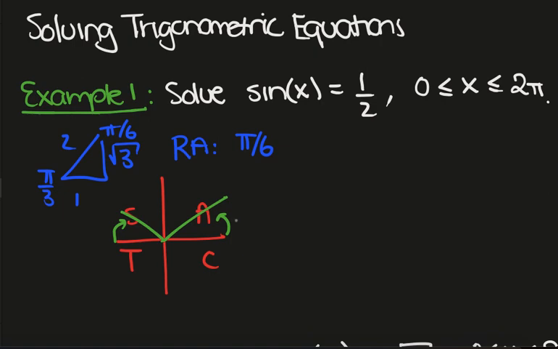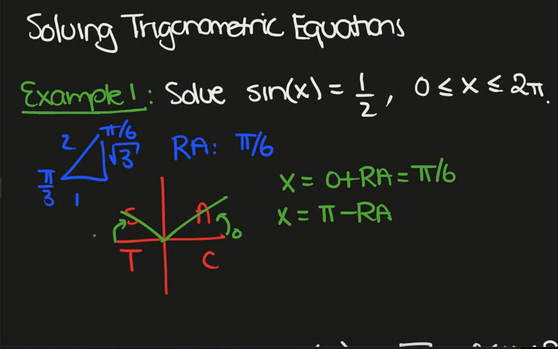It means that if I'm in the first quadrant, I'm going to have x is 0 plus the reference angle. Remember, plus is anti-clockwise. So in particular, I'll get pi on 6. And if I'm going to get to the second quadrant, then I'm going to go pi minus the reference angle. Remember, here is 0, pi, this one's pi on 2, 3 pi on 2, and then 2 pi.